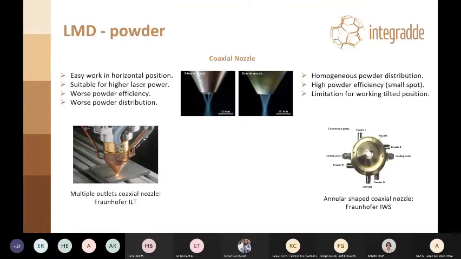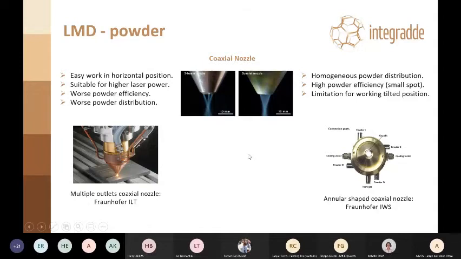They are suitable for higher laser power, but in this case, the powder efficiency is worse, unless you are able to fit the laser beam diameter so that it's a bit bigger than the powder distribution diameter at the point where the three beam nozzles coincide.